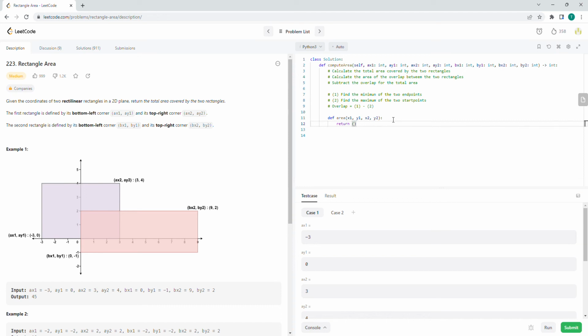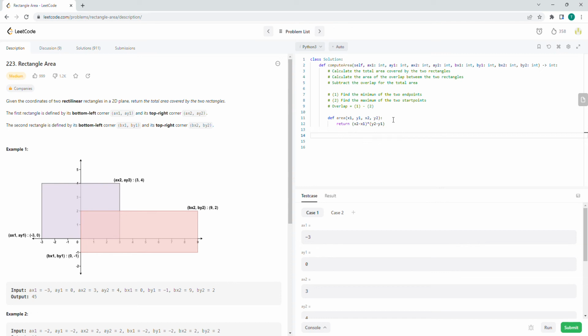Now, if you recall from basic math, the area of a rectangle is x2 minus x1 times y2 minus y1. So far, so simple.